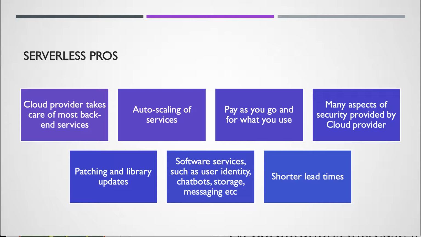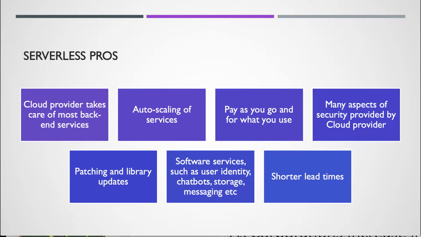As I said, patching and library updates are taken care of by the cloud provider. And the cloud provider provides many software services such as user identity, chatbots, storage, messaging, etc. And typically somebody like AWS or Google or Azure would have 20 to 100 of those services that you can build on.